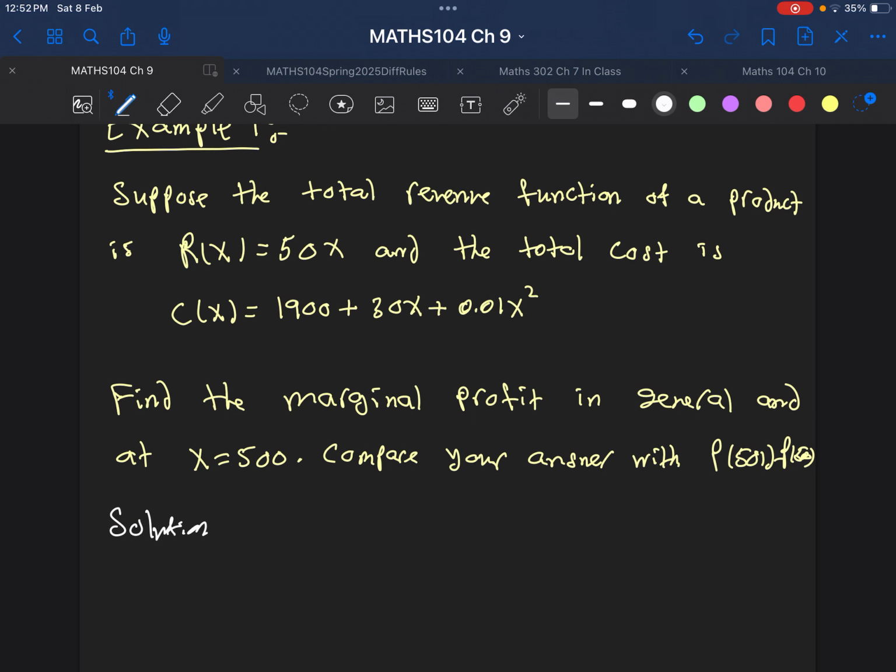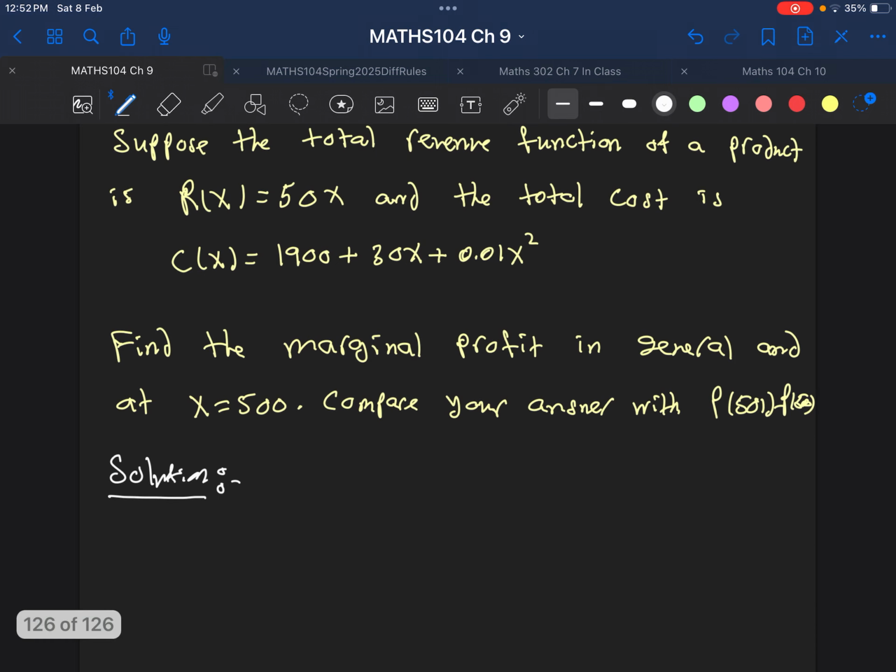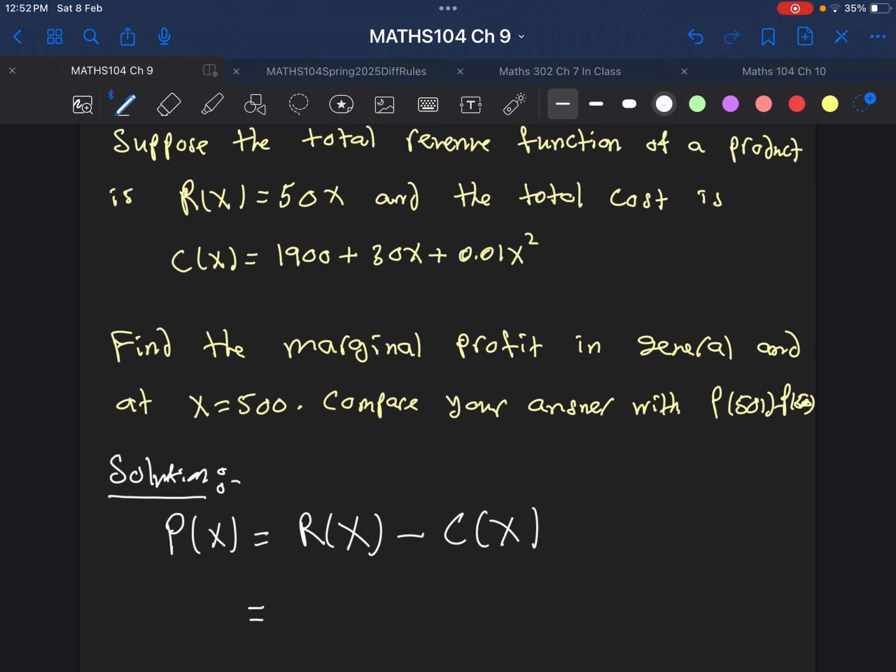So example number 4, we have it up here. It says that suppose the total revenue of a product is R of x and the total cost is C of x. We need to find the marginal profit. So the first step, we need to find the profit, which will be revenue minus cost. How much is the revenue? It is 50x minus the cost, which you put between 2 brackets.